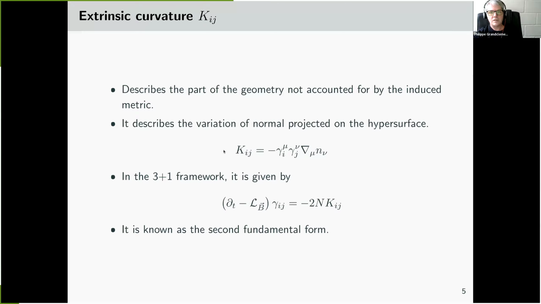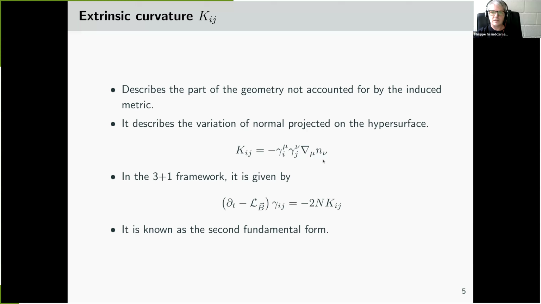Essentially, it describes how the normal changes on the hypersurface. You take the covariant derivative of the normal and project all that on the hypersurface, and you get this expression here. This is a symmetric, purely spatial tensor, which is called the extrinsic curvature tensor.